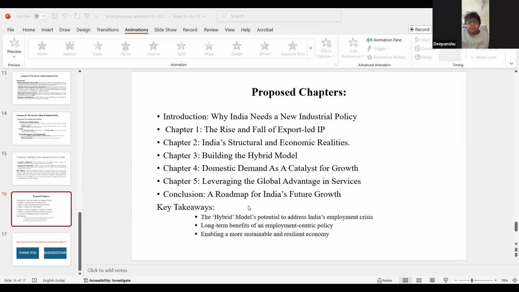We definitely see those as opportunities missed in a certain way, but why are we talking about that historical context? It helps us understand the nature of structural challenges India faces now. So we provide an economic history explanation of those challenges, keeping in mind that there were certain opportunities missed.